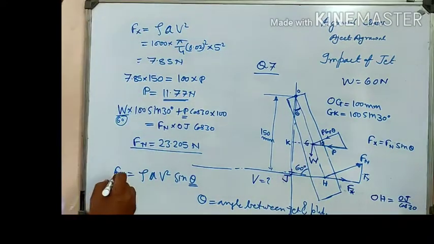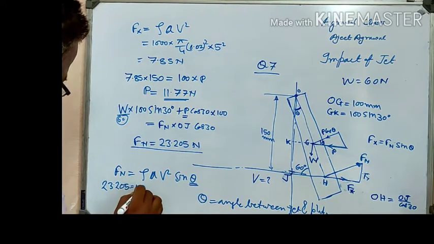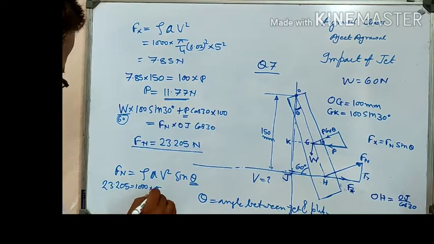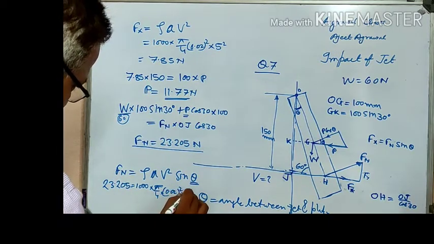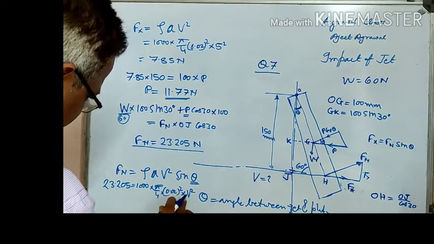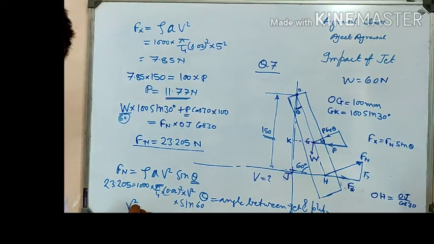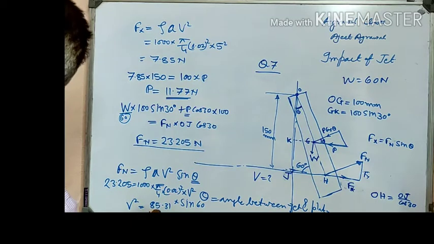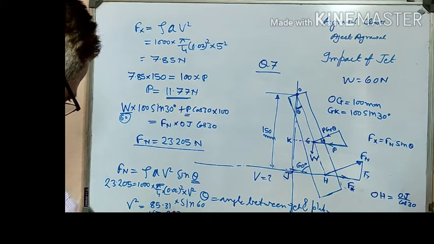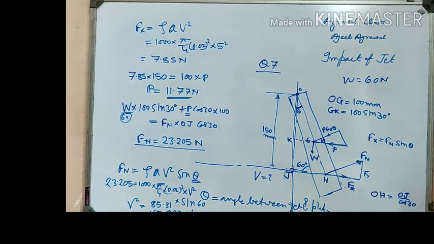So substituting here, 23.205 equals 1000 into area pi by 4 into 0.02 square multiplied by v square multiplied by sin 60. So v square comes out to be 85.31, and so v is about 9.23 meter per second.